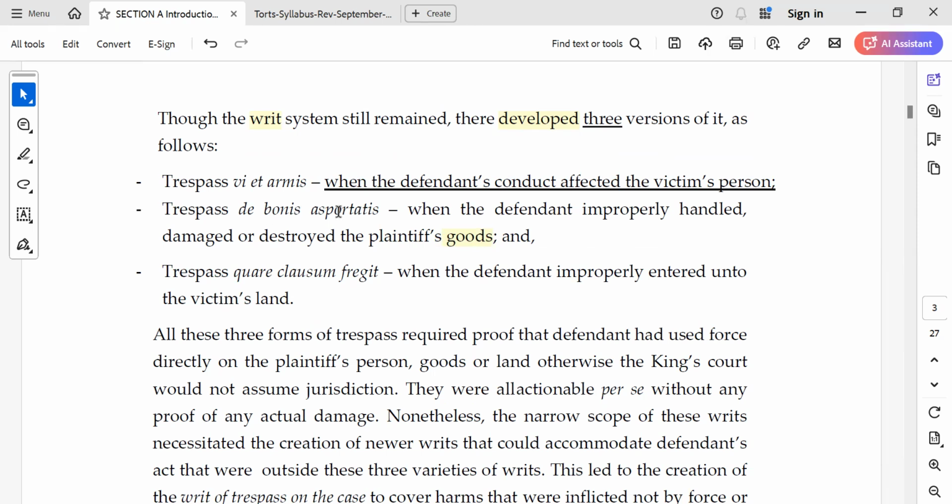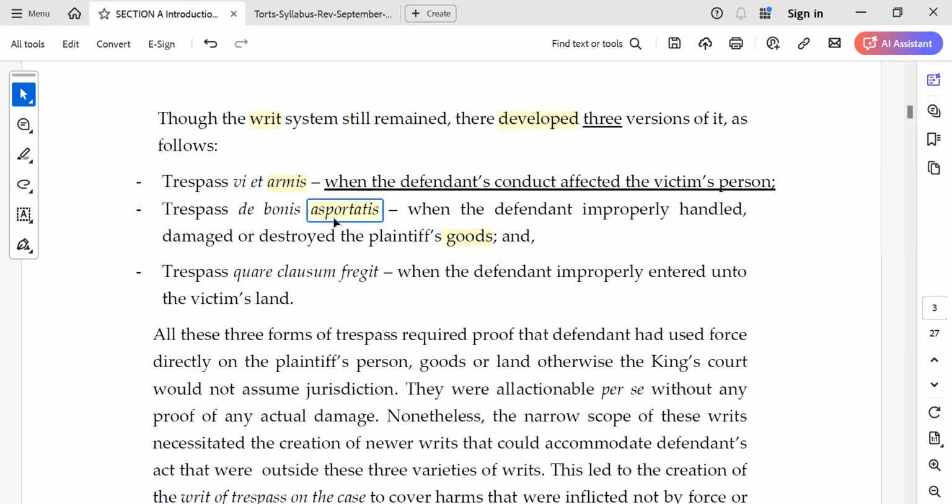So trespass de bonis asportatis is with respect to goods. Arms, you can say, is on the body. So like that you can remember it is body, like person.